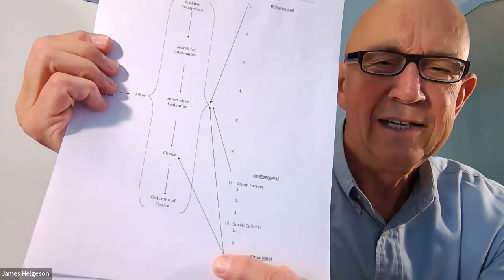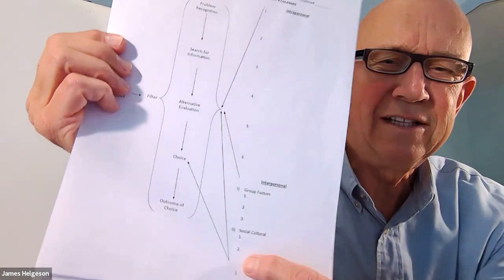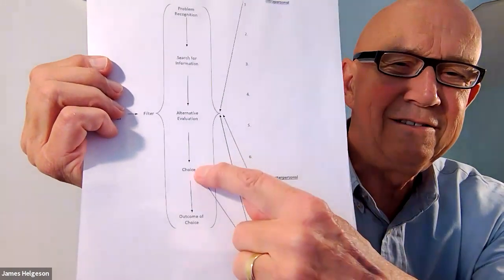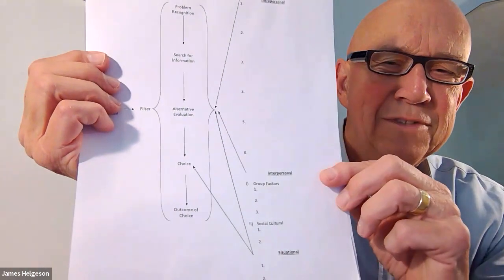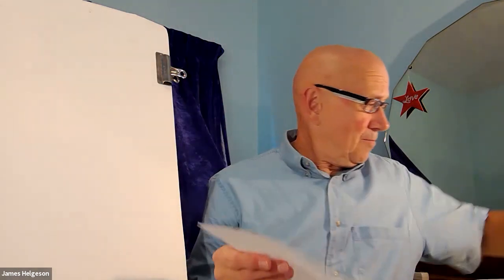I'll explain it. Down here, situational, we've got an arrow going up to the process in general, like the other two. And then we've got this arrow going right to choice, direct from situation. I'll explain that. So that's the outline we're working with, and that's a little exposure to it.